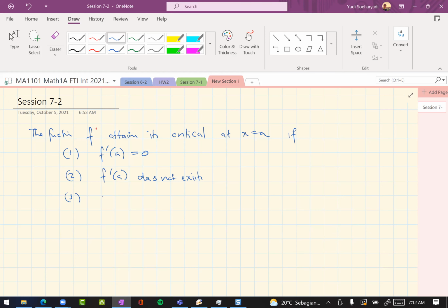Or a is what we call a border point, an endpoint. Okay, so in this case, this is called stationary. This is called singular. And this is the endpoint.